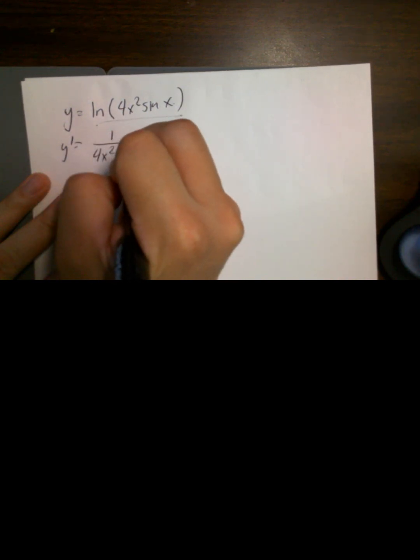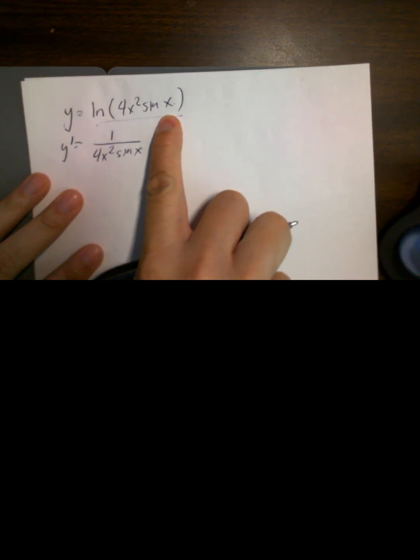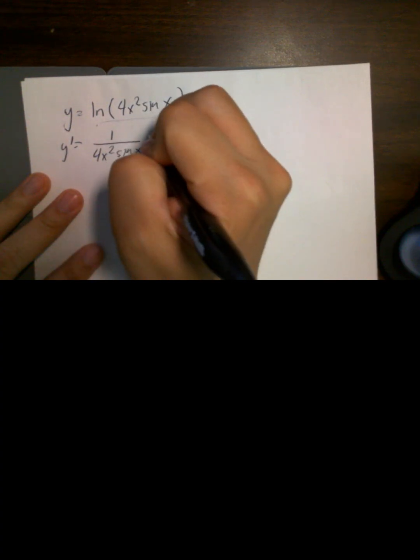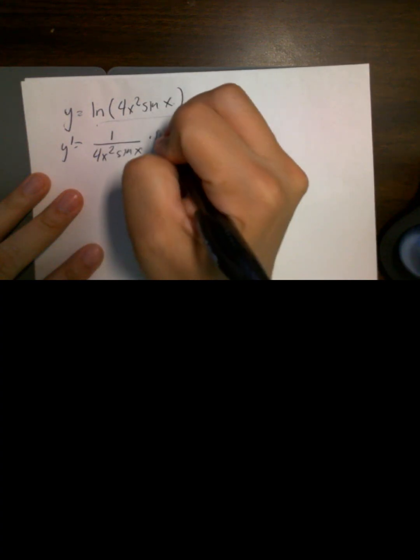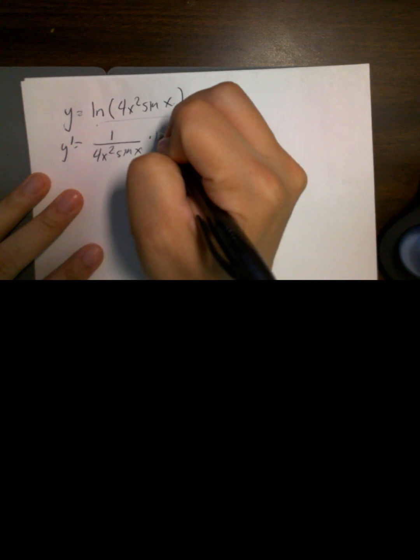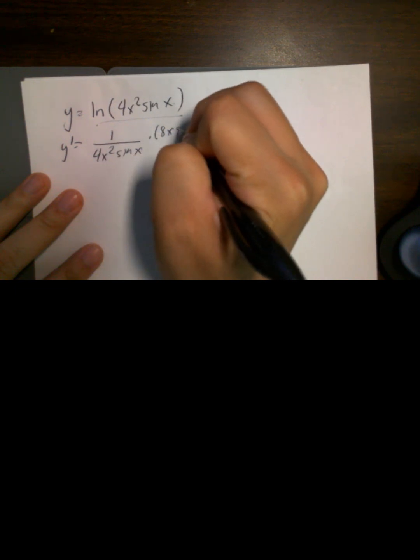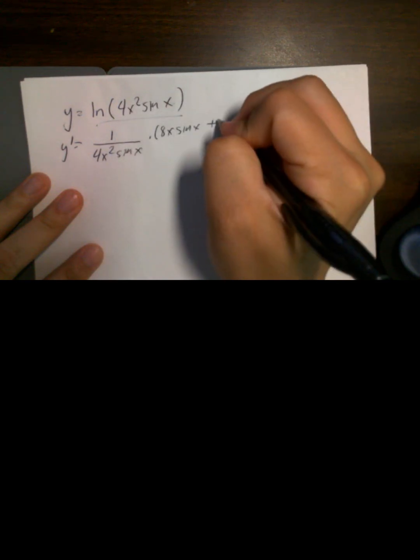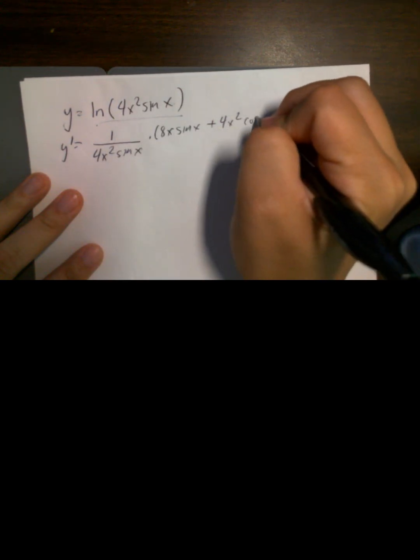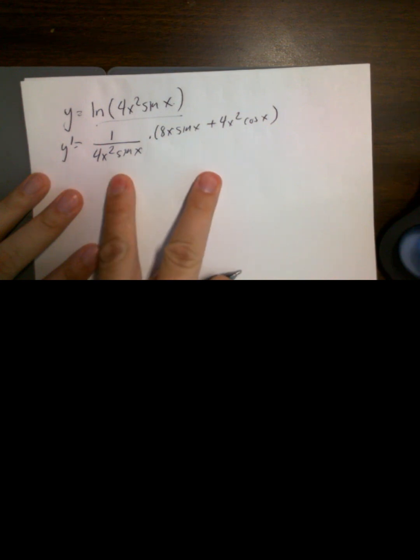So the derivative of natural log of stuff is 1 over stuff. And then I have to multiply by the derivative of the stuff, which itself involves product rule. So if I do the derivative of the first times the second plus the first times the derivative of the second, I end up with this.